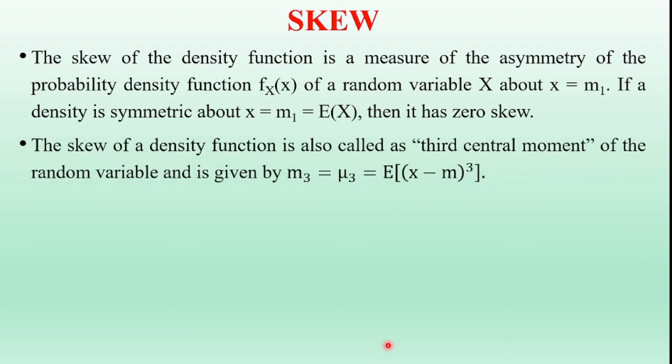The skew of a density function is also called the third central moment of the random variable, and it is given by m3 is equal to expectation of (X minus m) whole cube. So this is the third central moment.